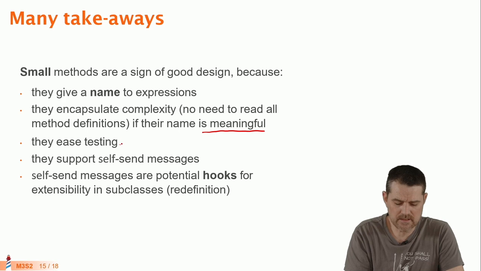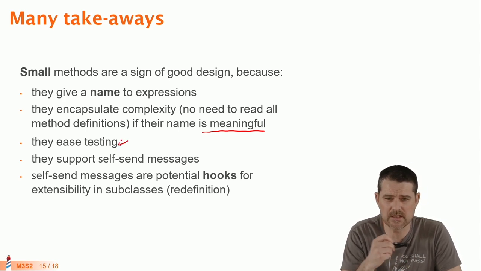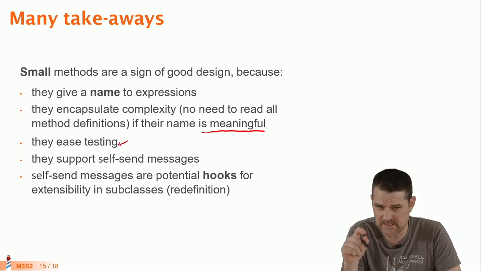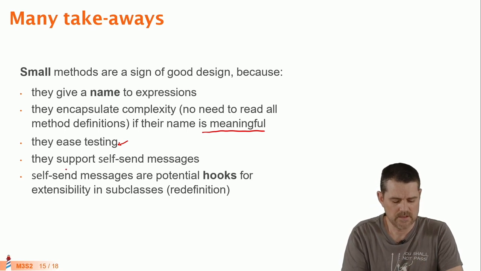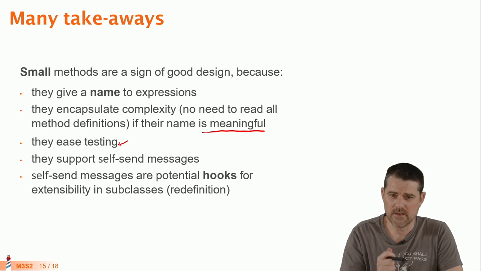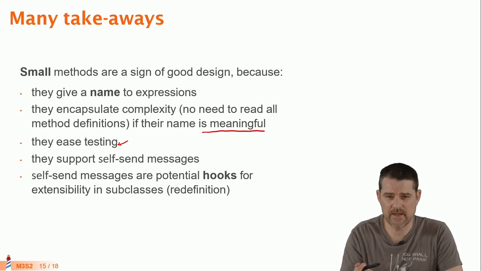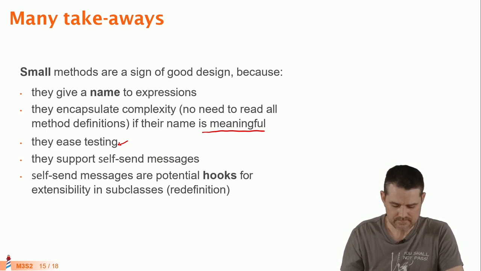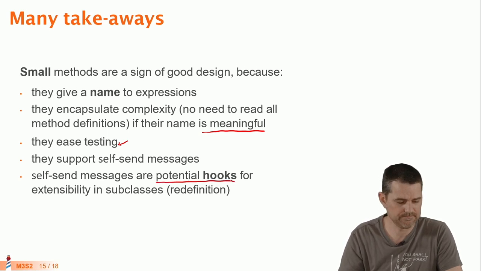It helps testing, because if I have smaller methods, it is easier to write tests to test specific portions of the code. It supports self-send messages. Like that, it opens the door for subclasses to redefine part of the behavior. So it means that there are potential hooks for subclasses.